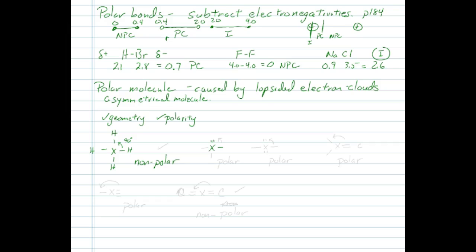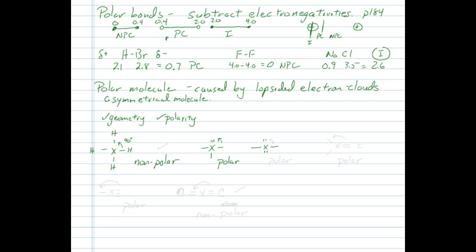If it had a lone pair, that lone pair still counts when rotating 90 degrees. In this case, the lone pair will be kicking out a bonding pair, and a bonding pair will be kicking out a lone pair. This would be a polar molecule. Same deal here.